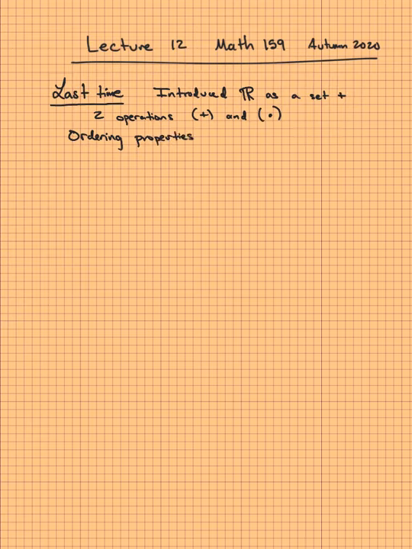So there was a set of positive elements, which is just a subset of the real line, which wasn't empty. It satisfied the usual properties. I won't say what they were, but if you added two positives together, you got a positive number.